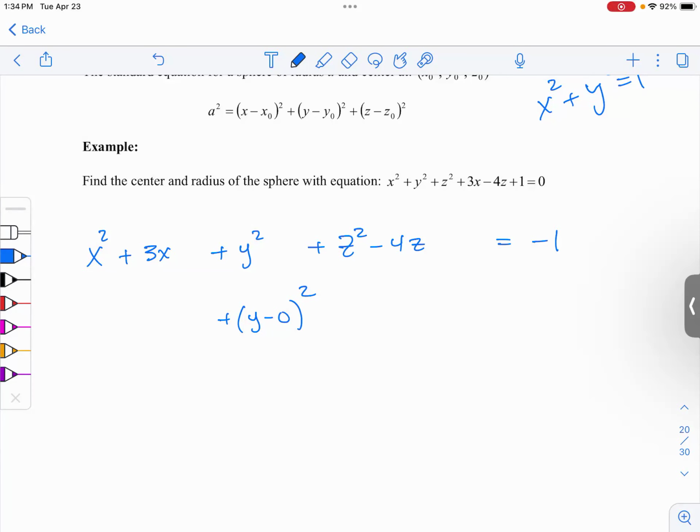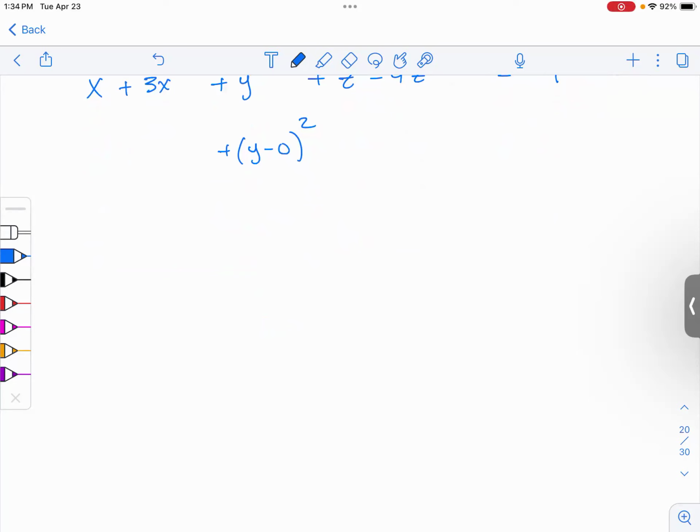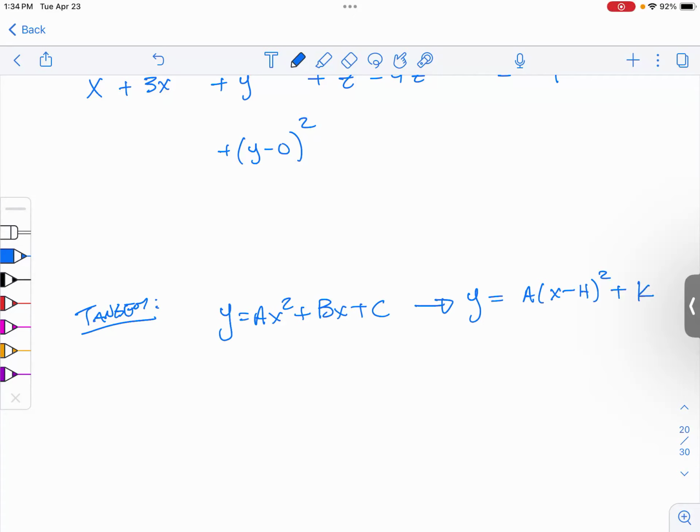Do we remember, going way back, a tangent: y equals ax squared plus bx plus c, going from standard quadratic form to what we used to call vertex form. Do you remember how to get a quadratic to vertex form?